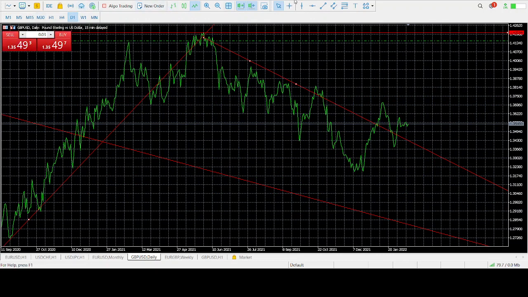Okay, on the daily we can also draw a trend line. Maybe it would be even better. You can see it like this. Let's put it like this.